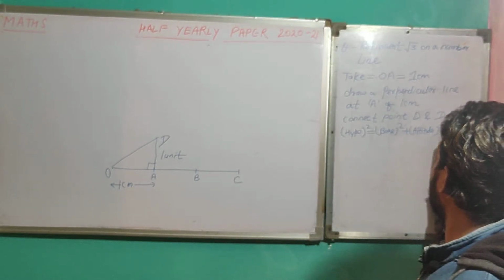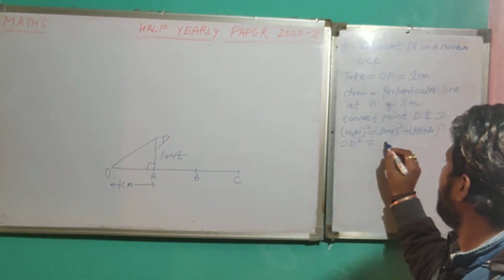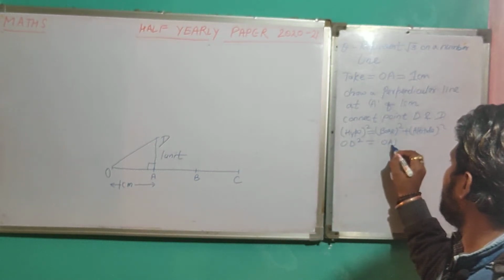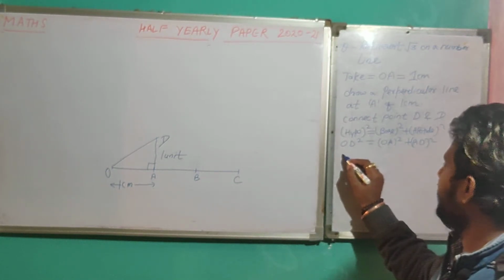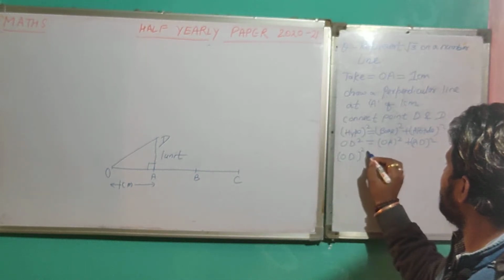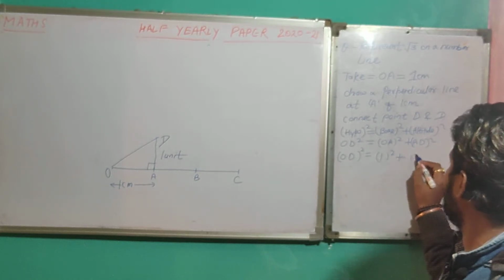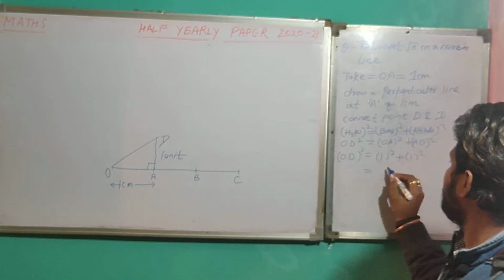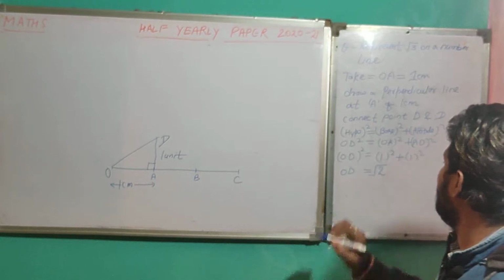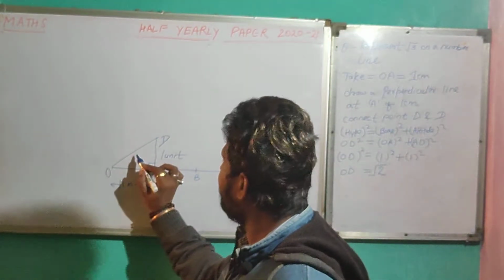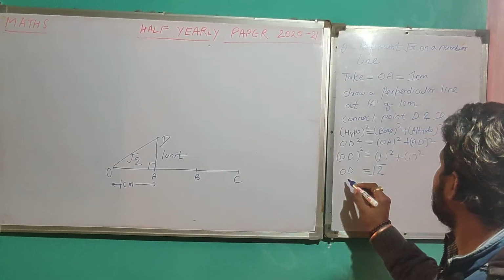The hypotenuse is OD, base is OA, and altitude is AD. OD square is equal to OA square, 1 square, plus AD square, 1 square. 1 plus 1 is 2. Therefore, OD is equal to root 2. We get the value of OD as root 2. Okay. Now, next step.